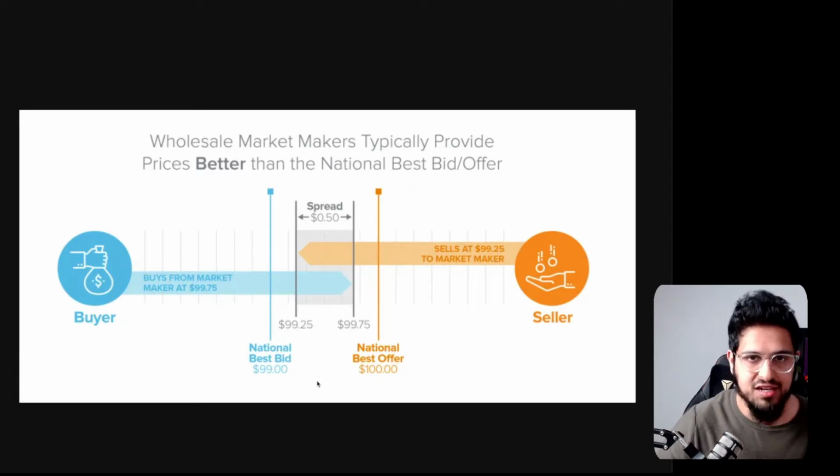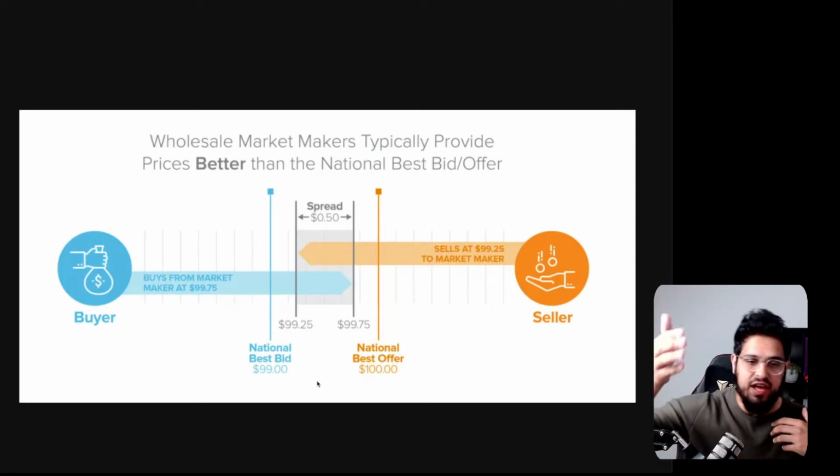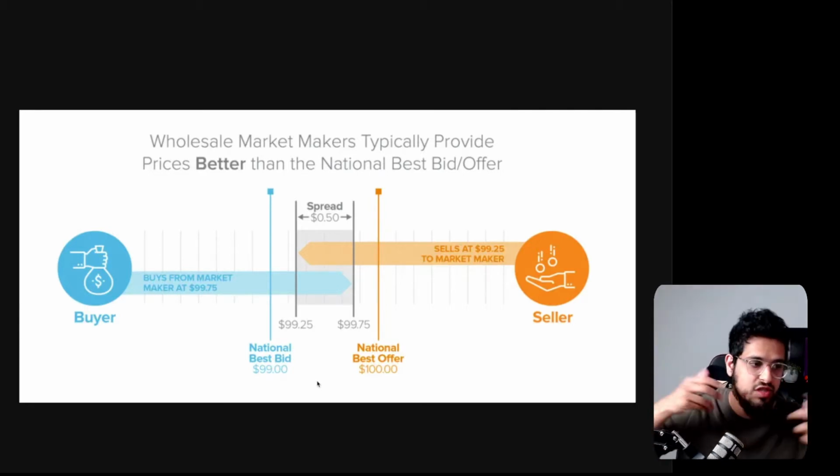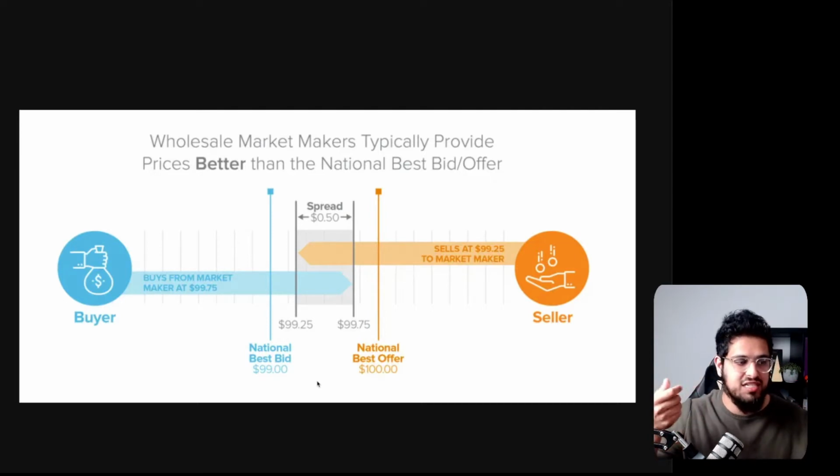So the market makers, they want to take some of this risk away. So what they do is they say, we'll buy any bids that come in, and for any of the people that want to buy, they'll say, we sell. So they make the market and they try to then offset everything.